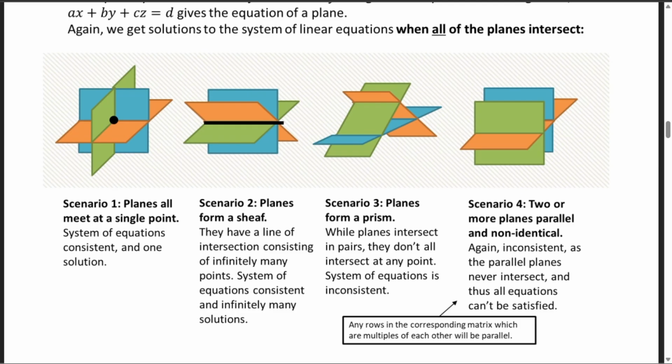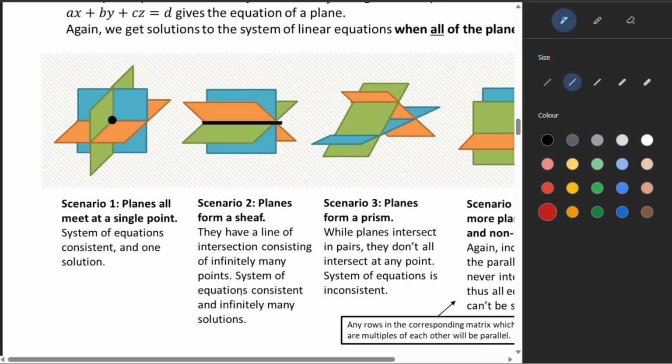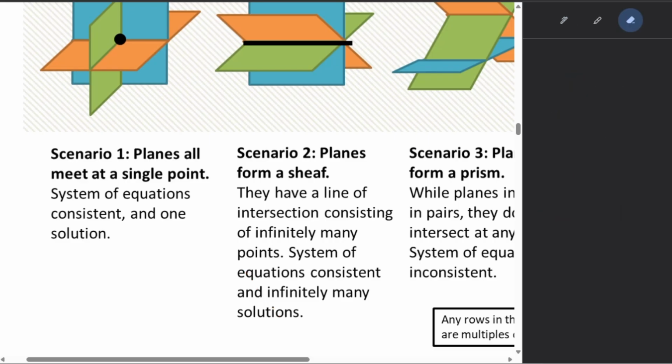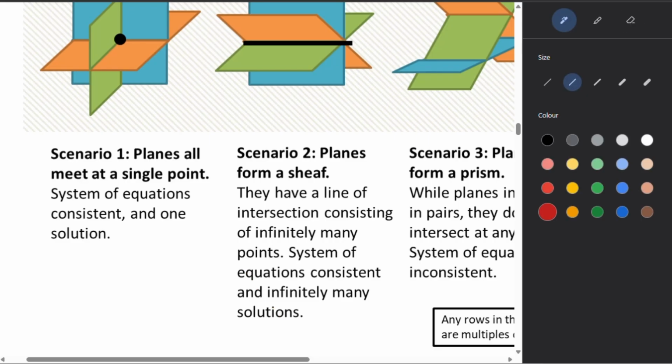Consistency means that there is at least one point where all the equations are satisfied. I say at least one because there can be more than one. So, as it says there, they are consistent, and they only have one solution, which would mean that it is non-singular as well, just to clear that point up, because it has one single solution.